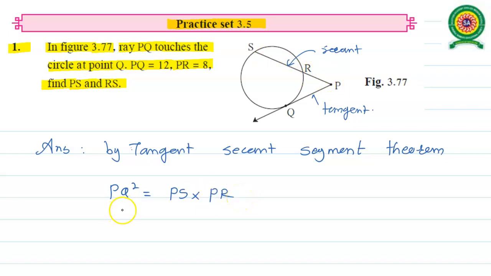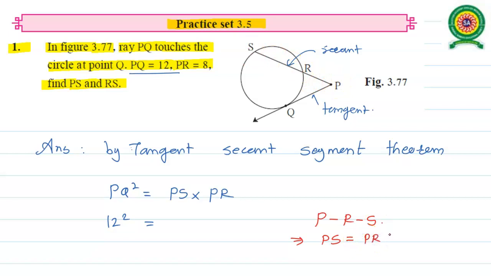Now look carefully. We have been given PQ equals 12. I am writing 12 square equals, now what is the value of PS? Since the points P, R and S are collinear, we can write PS equals PR plus RS.